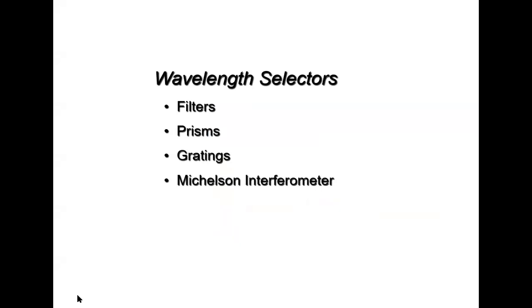Here are four things that we use for selecting wavelengths. We use filters, which we have talked about. We use prisms. We also use gratings and monochromators.